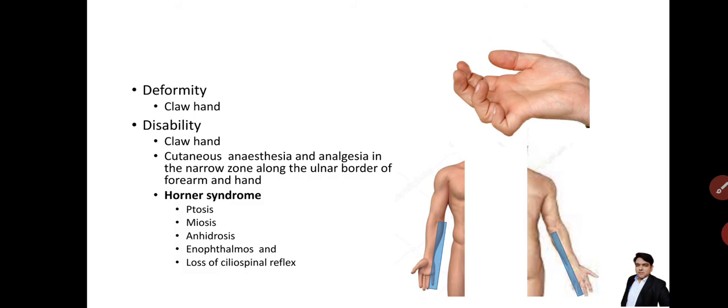Ptosis means drooping of the eyelid, miosis means constriction of the pupil, anhidrosis means loss of sweating on the affected side, enophthalmos means a shrunken eyeball, and loss of ciliospinal reflex means normally if we pinch the posterior aspect of the neck, there will be constriction of the pupil. This is a normal reflex and it is lost in Horner syndrome.